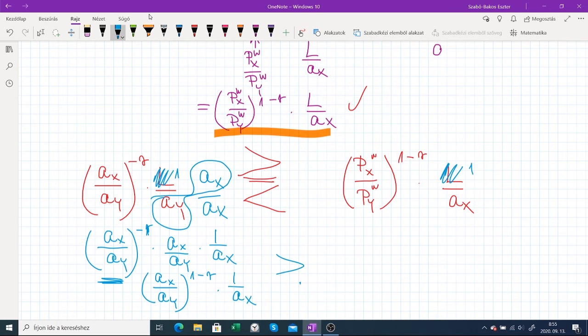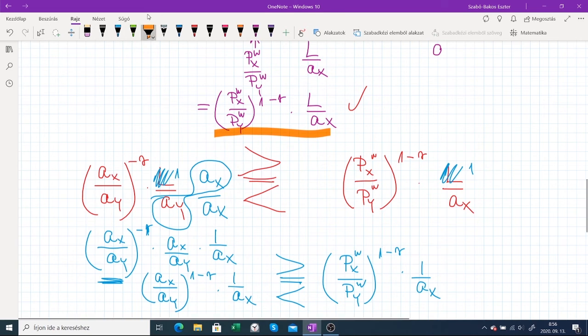And this can be bigger, equal to, or smaller than the right-hand side of the equation: Px over Py from the world raised to the power of 1 minus gamma times 1 over Ax. We have 1 over Ax on the right-hand side of the equation and 1 over Ax on the left-hand side of the equation. This 1 over Ax eliminates this 1 over Ax.